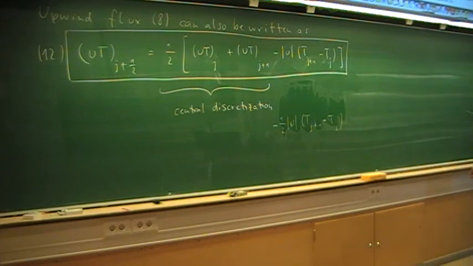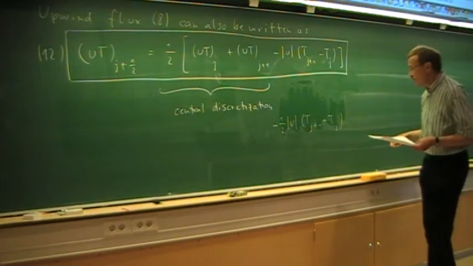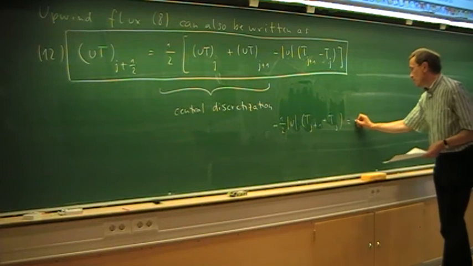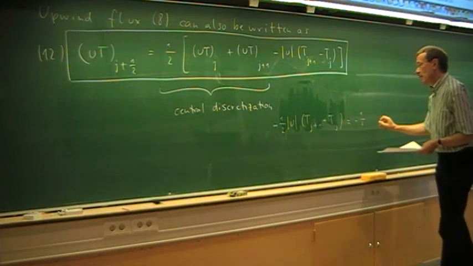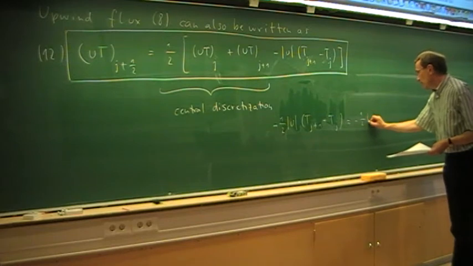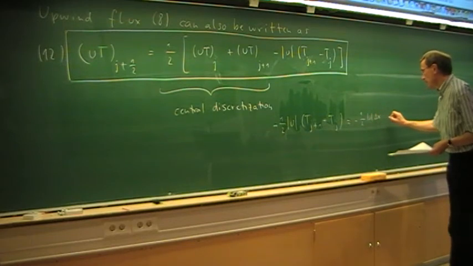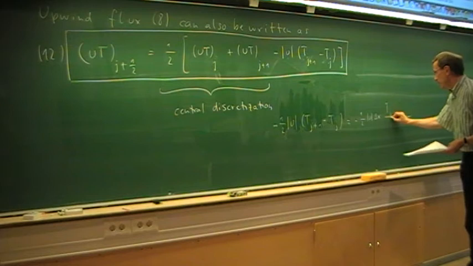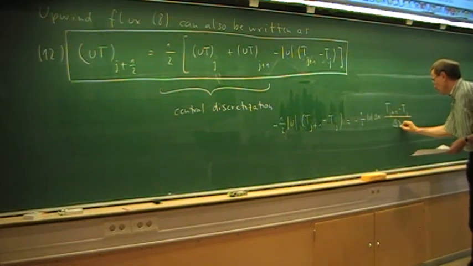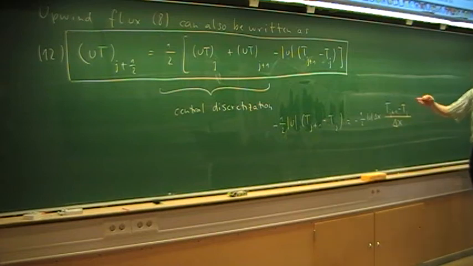Now to make it understandable what this represents, we simply divide by delta x and multiply by delta x. So this is minus 1/2. And then we have said we multiply by delta x and we divide by delta x. So that is just, I've multiplied and divided.